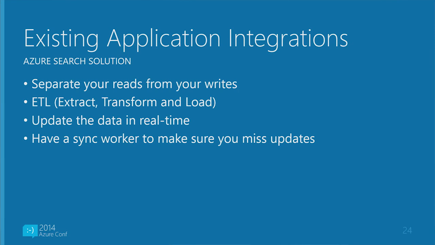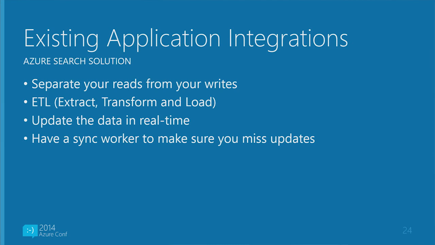Maybe you can miss things in between because you have 2 transactions there. You can have a worker process that syncs the Azure Search with your SQL Server so that you can have consistent data there.